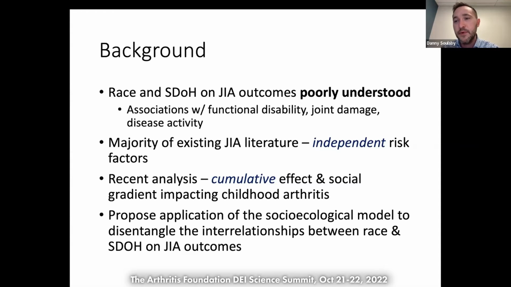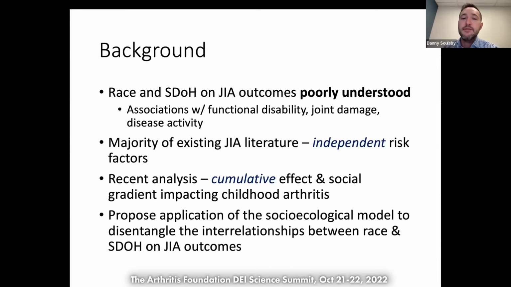We know, for example, that in Black youth and Native American youth, there are associations between their race and poorer outcomes, such as increased likelihood of joint damage, higher disease activity at disease onset and throughout the disease course, as well as functional disability. Other social determinants of health studies have been performed and have looked at other social risk factors such as poverty, such as adverse childhood experiences, and have demonstrated associations.